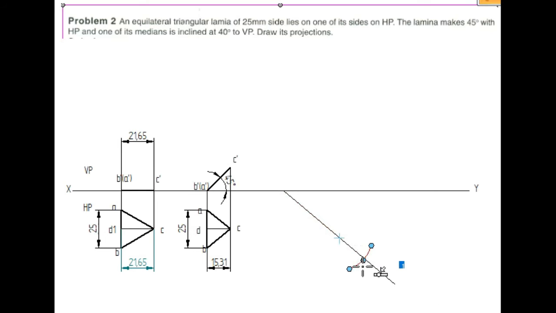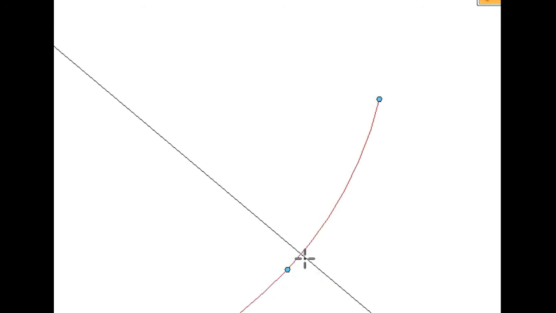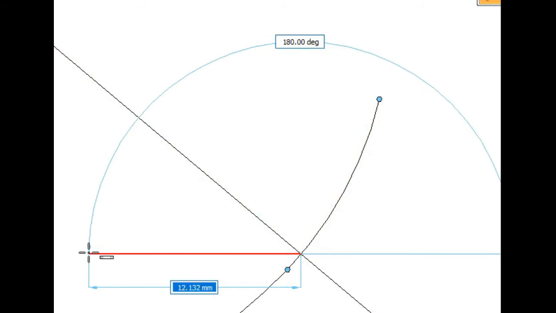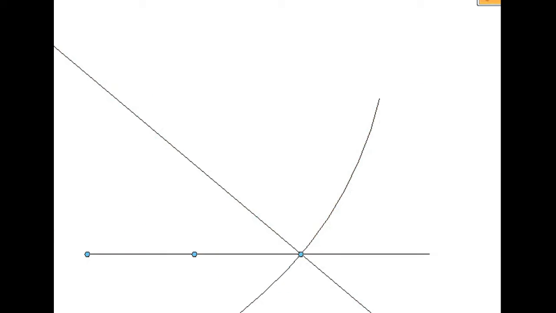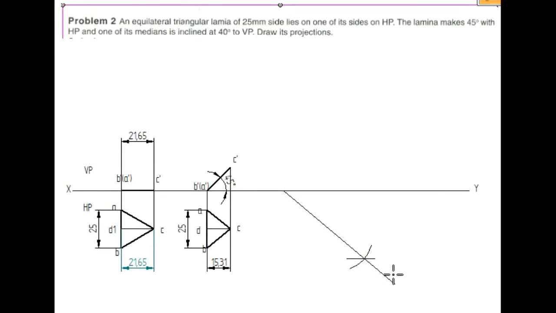Now I will draw the locus line. After drawing the locus line, I can extend the line still more. The next step is to measure the distance CD1, that is 15.31.